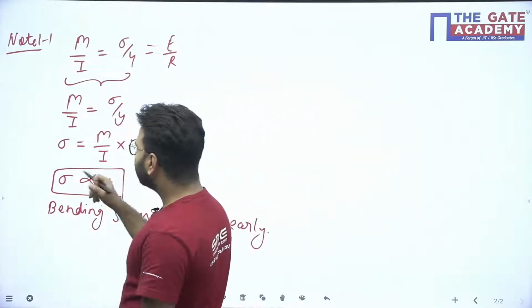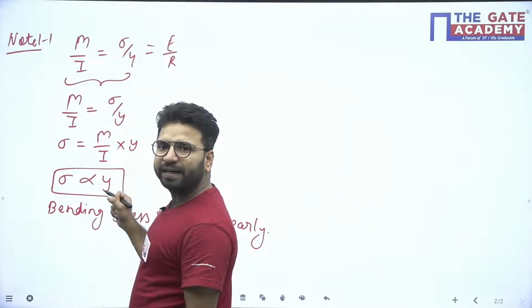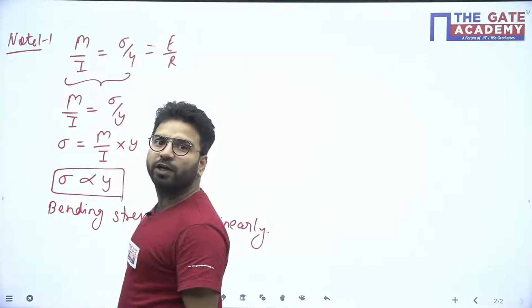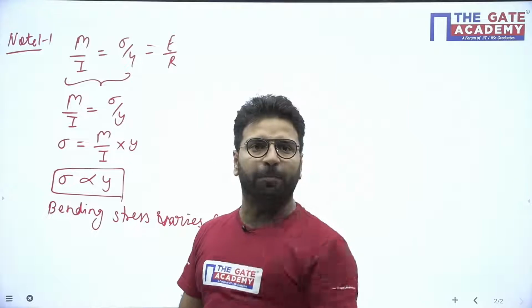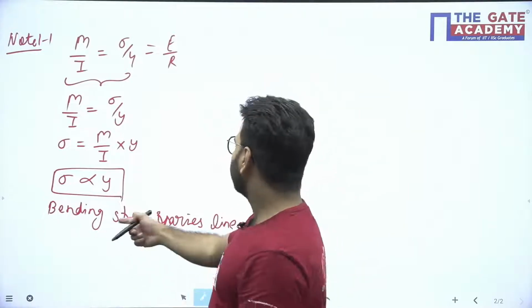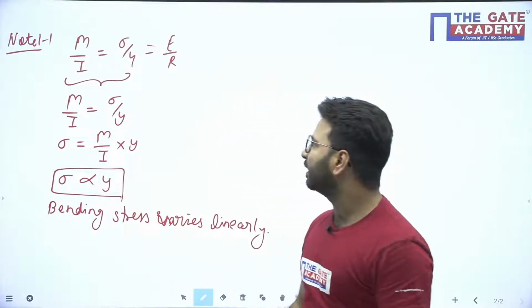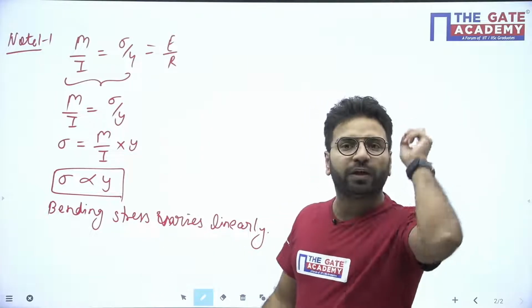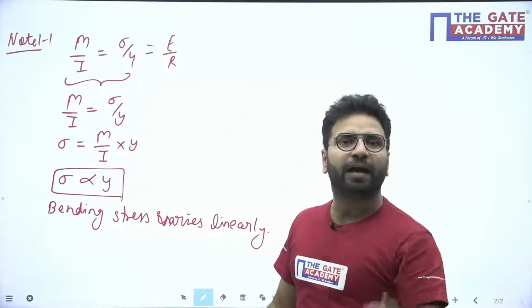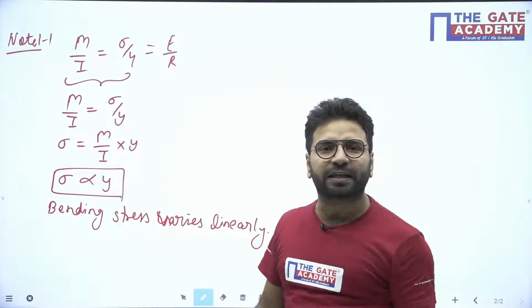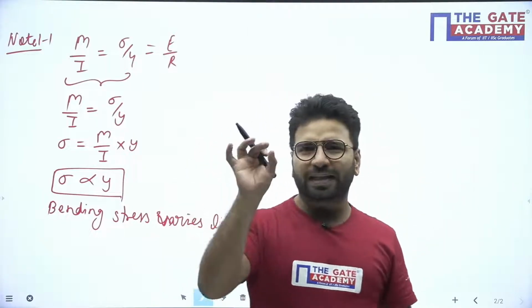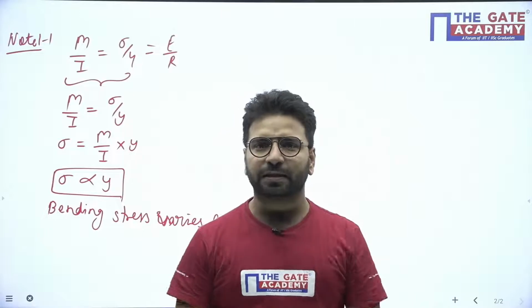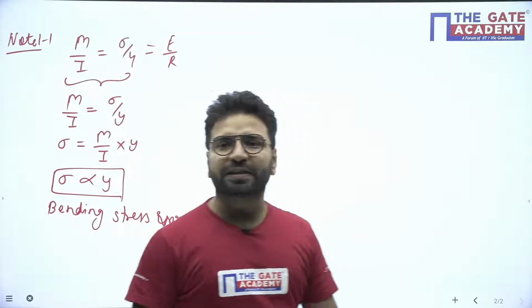Bending stress is proportional to y, where y is the distance of the fiber along the depth, so bending stress definitely varies linearly here. I hope no one has any doubt about this. Bending stress always varies linearly, beta. And at the neutral axis, what will be the bending stress?